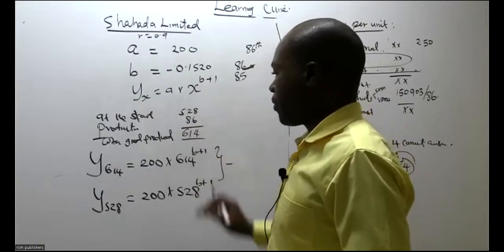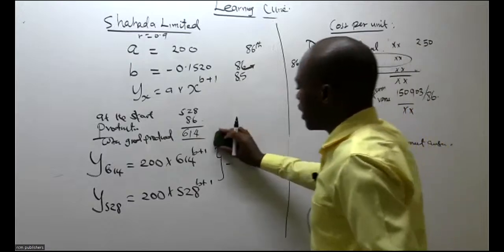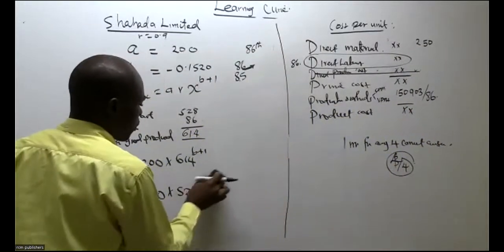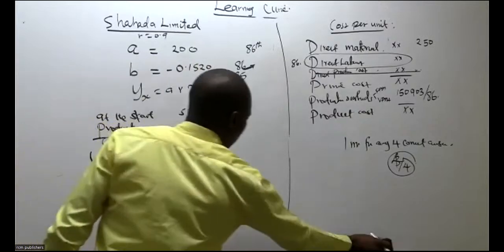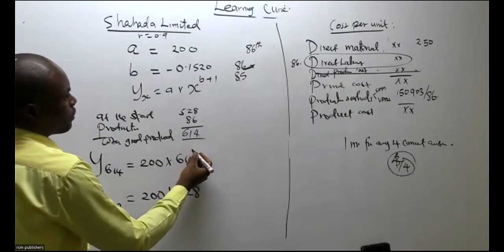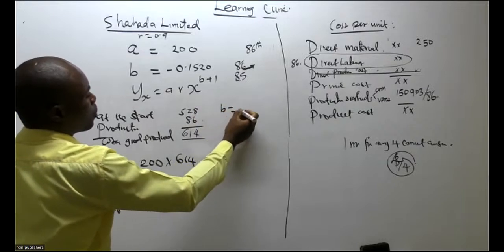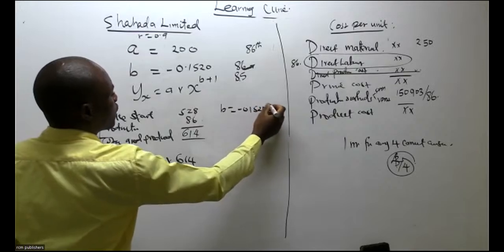I want you to go ahead now and help me get those figures. I know very well that b was already calculated up there. b is equal to negative 0.1520, but we have said it is b plus 1.